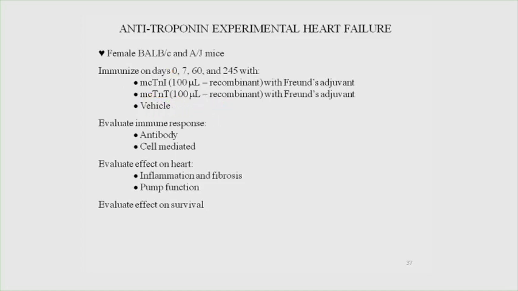And you're going to evaluate the immune response, antibody or cell-mediated. And you're going to evaluate the effect on heart, pump function, inflammation, fibrosis, and the effect on survival. Now, what you do, you will take T cells from these mice that have been immunized and expose them to troponin I or troponin T in an in vitro test tube environment.